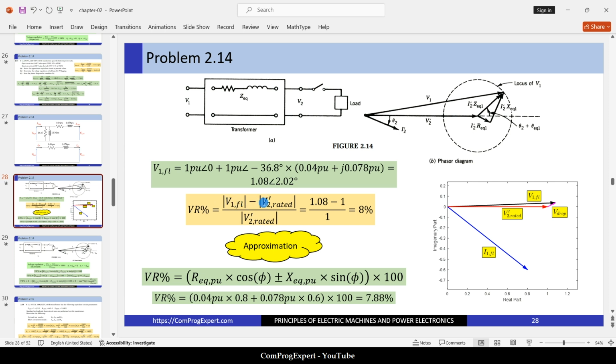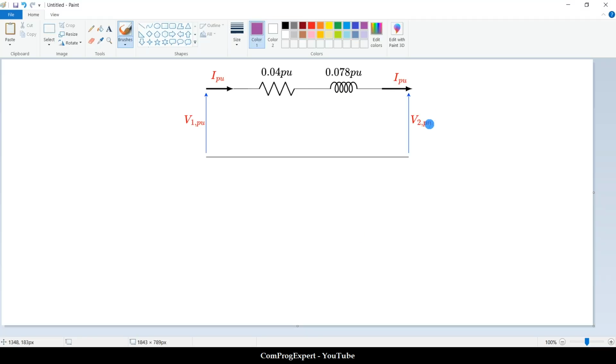This is the value of the V2 prime for the rated operation, the amplitude, and this is V1 for the full load operation. So if we consider the V2 prime for the rated operation, this one equal to 1 per unit with this angle. Yes, because this is equal to the rated one. What is the value of the current?